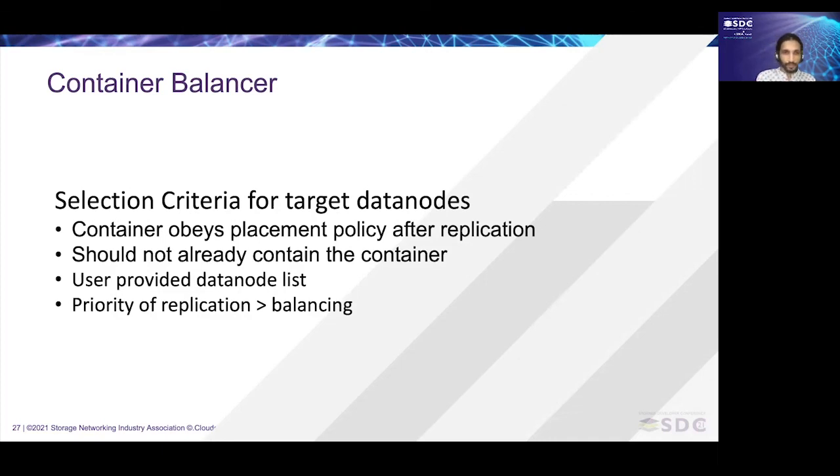One obvious criteria is that target data node should not already contain the container being moved. Then user can also provide its own data node list for source or target data nodes. And priority of replication should always be greater than priority for balancing. So in case replication manager finds under-replicated containers, it should give more priority to these under-replicated containers rather than to the balancing of containers.